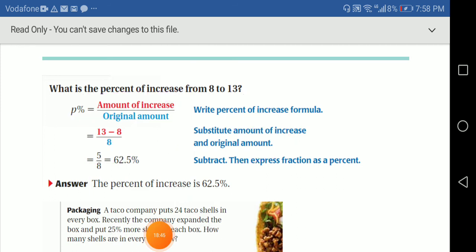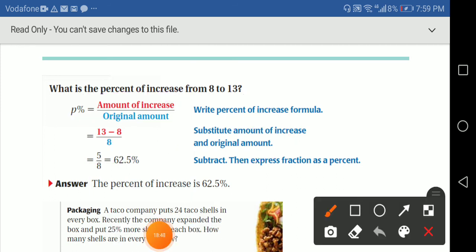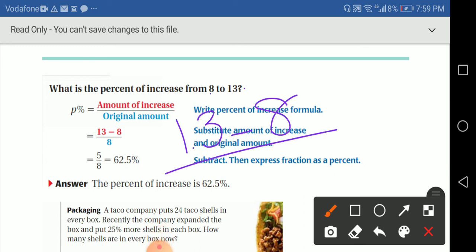So the amount of increase here is from 8 to 13. What about the amount of increase? The difference between the greater number and the smaller number. So 13 minus 8 all over the original. I started from 8. The original is the number after the word from. So 13 minus 8 gives me 5 all over 8.